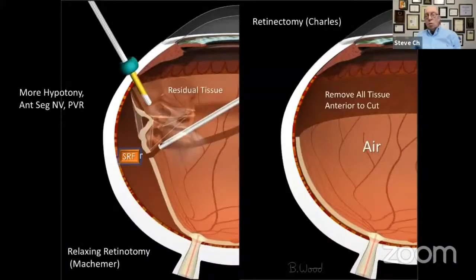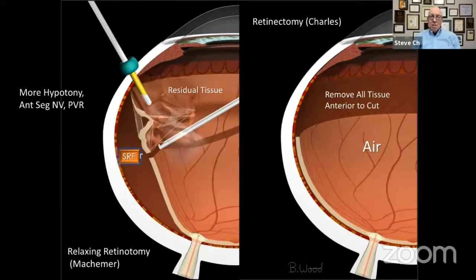Machemer invented relaxing retinotomy simultaneously with me inventing retinectomy. Retinectomy is better. Why? It removes all residual material anterior to the cut. That includes retina, the PVR tissue, vitreous. And if you do the retinectomy method that I recommend, which you see on the right here, that causes less epiciliary tissue, less hypotony.